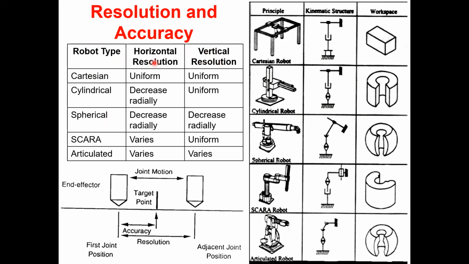This word is very important in engineering: resolution, right? Resolution is the smallest distance you can incrementally change. Any positioning mechanism has what is called the resolution. In cameras also you have resolution, but that is a different one.